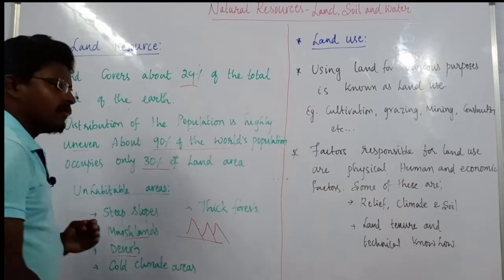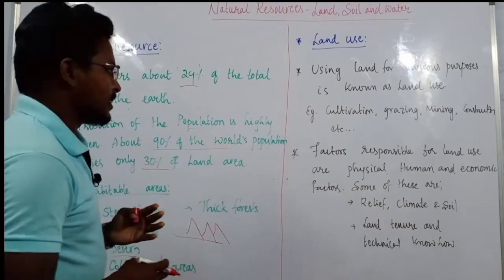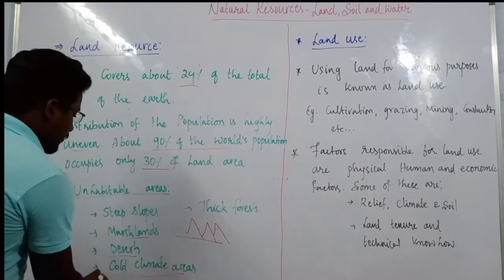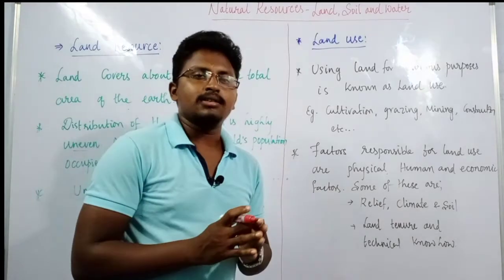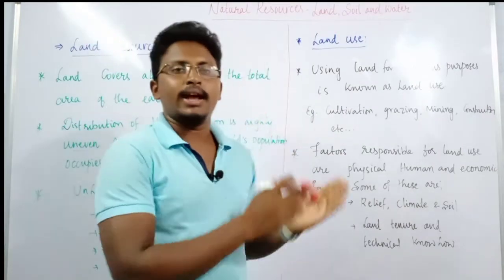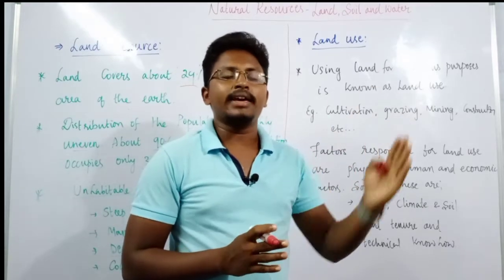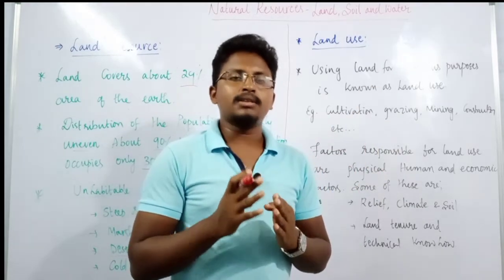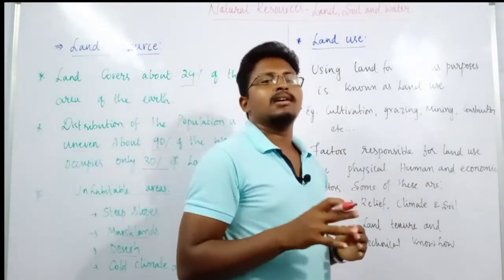Deserts, as you all know, have very little availability of water, so here also people cannot survive. The same applies to cold climatic conditions and thick forests. At the same time, there are places such as river valleys and plain areas where the population is very high. And you all know that land is a resource.